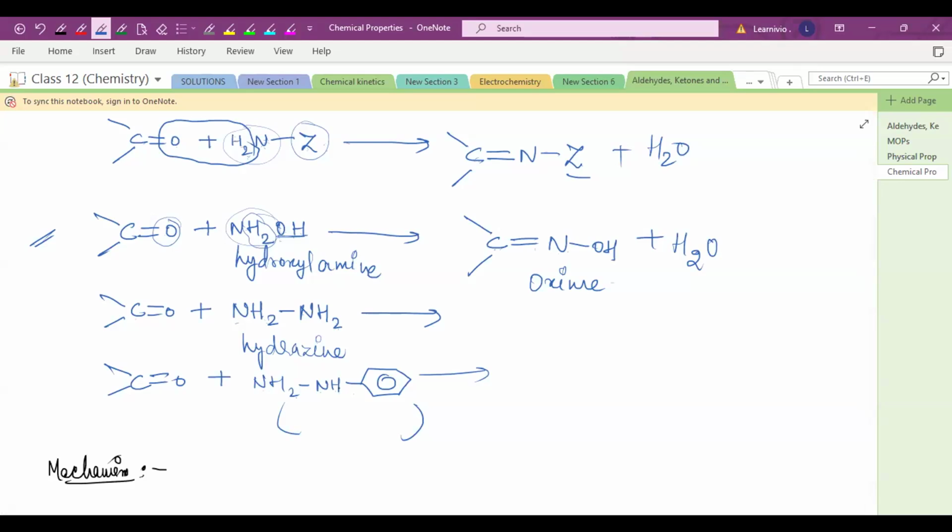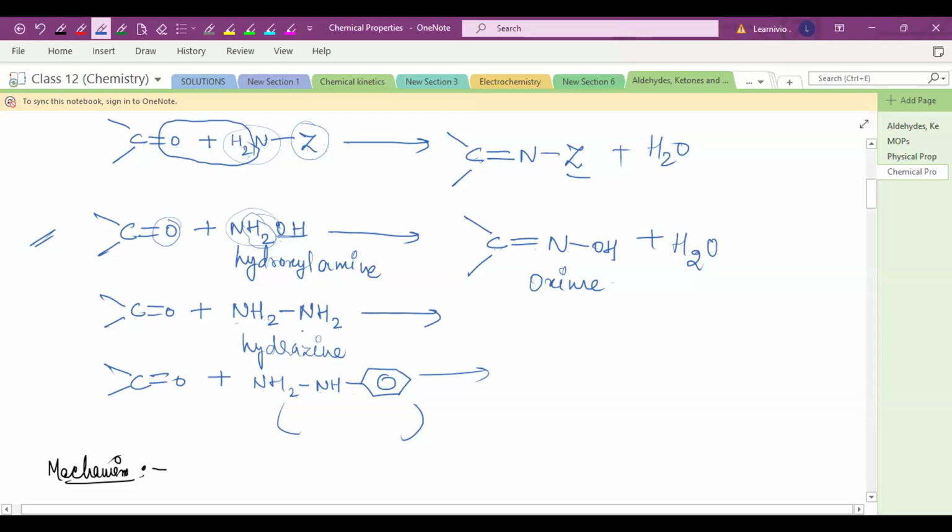Just like this, NH2NH2 is hydrazine. So what is this? NH2, NH, and the phenyl ring.